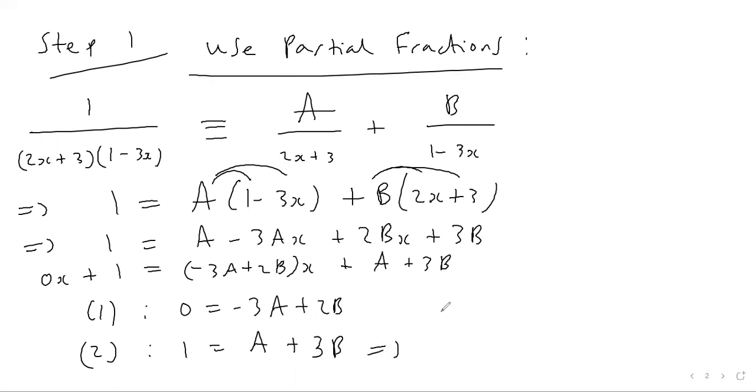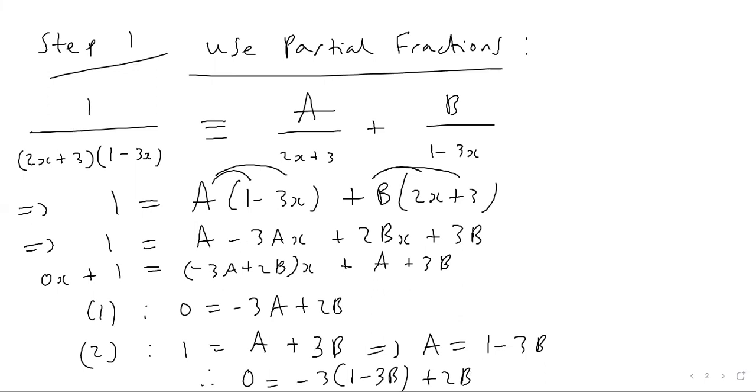So we know, therefore, that a must be equal to 1 minus 3b from the second equation. So we can plug this into the first one. We get 0 equals minus 3 times a, which is 1 minus 3b, which we just determined, plus 2b at the end.